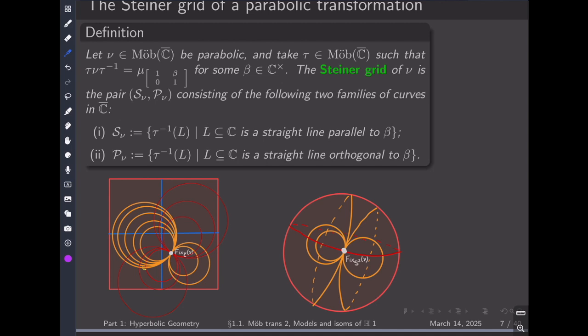So the idea is, for translation by beta, we saw that there's the family of Euclidean straight lines with direction beta, the angle of translation, and those are straight lines that foliate C bar minus infinity.